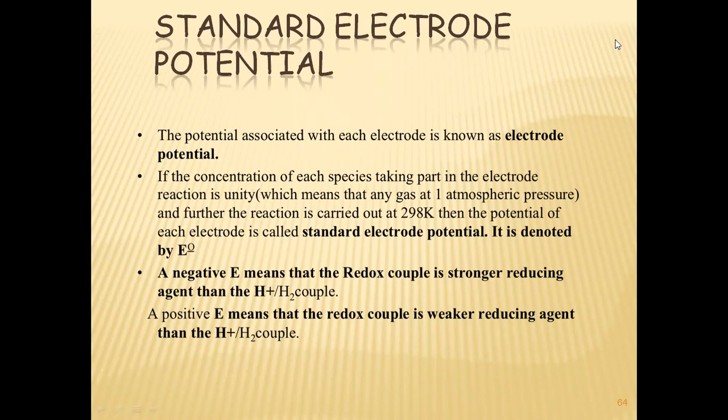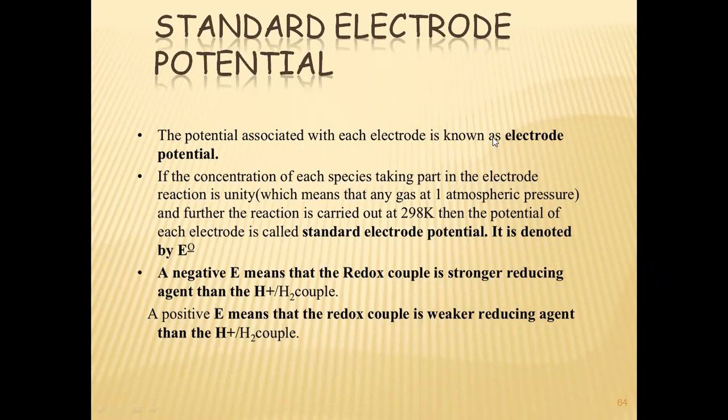If the concentration of each species taking part in the electrode reaction is unity, hai na? If we take the concentration as unity, unity means one. Now we have standardized the thing. We have a proper concentration, that is one, unity. We have a specific temperature, we have a specific pressure.